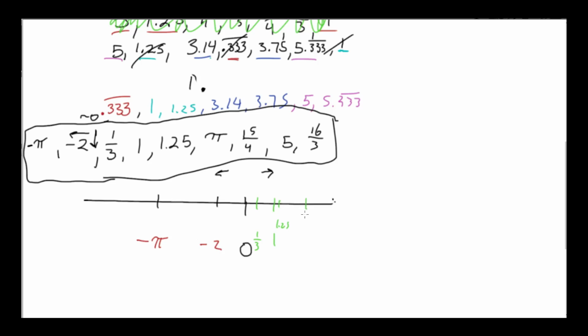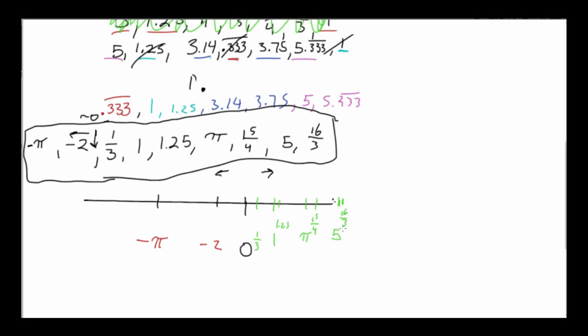Pi would be a little bit further out. 15/4, which is 3.75. So that's going to be a little bit closer. And of course this is not to scale, but I'm trying to give some gaps here, kind of get it in your mind. And we'll call 5 out to here, and 5 1/3, or 16/3.